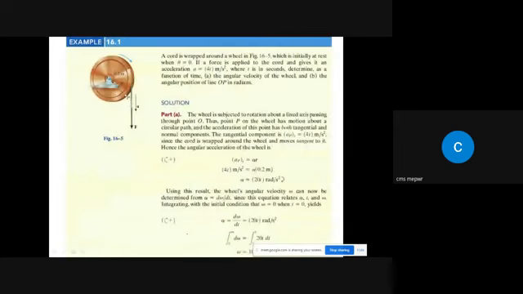Here I have an example that I have taken from your book, R.C. Hibbeler. This is example 16.1.